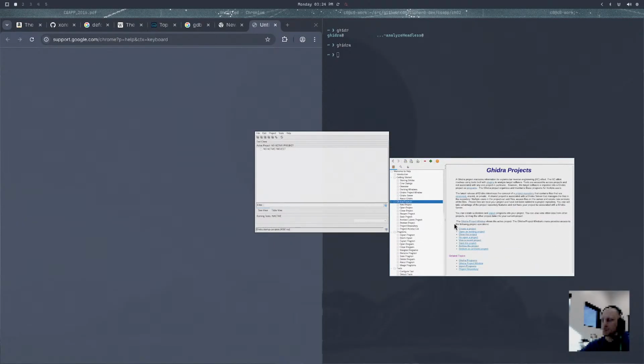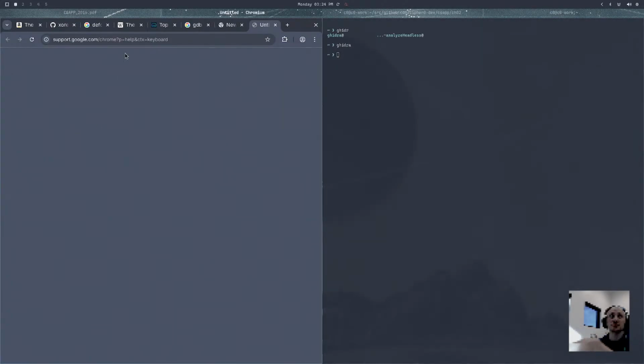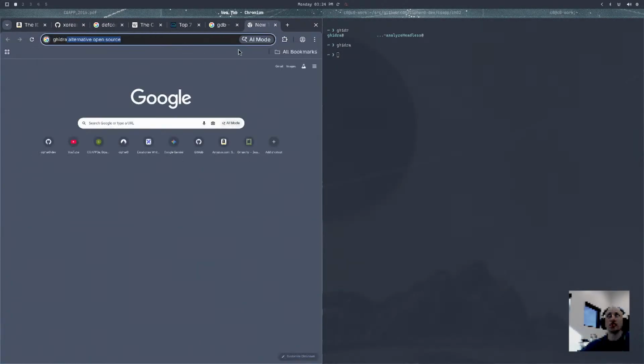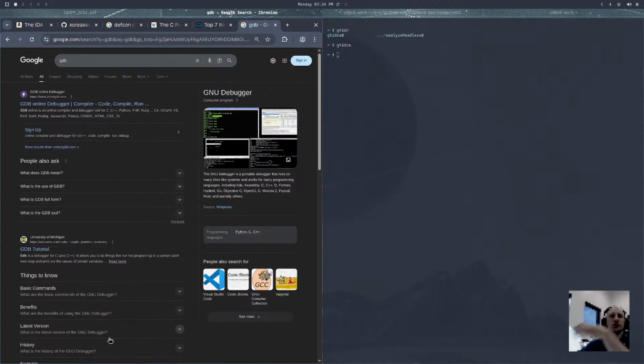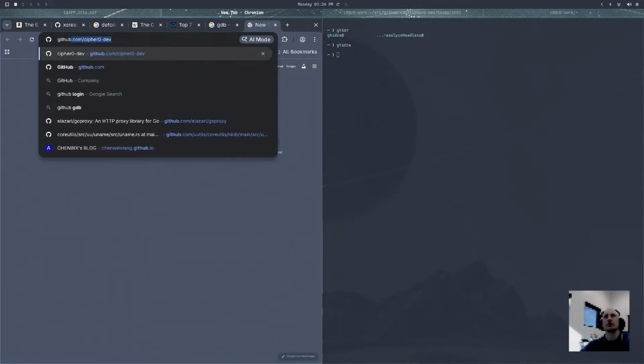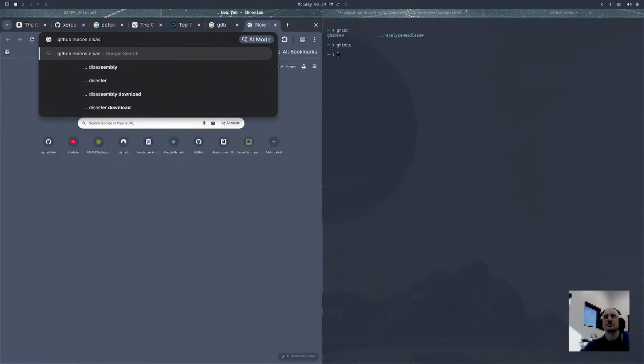All right. I can't find where it says what architectures they support, but I think they support ARM. There was one I saw last year on GitHub. I think it was a Mac OS disassembler.